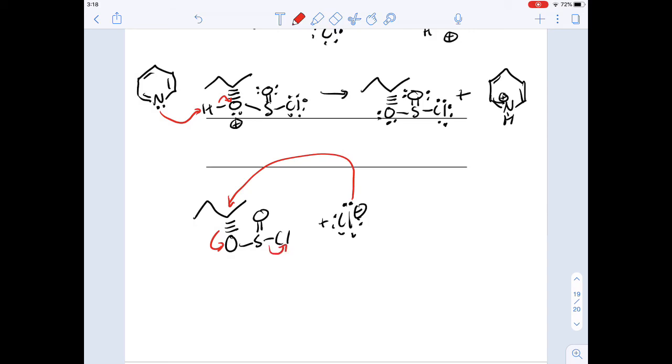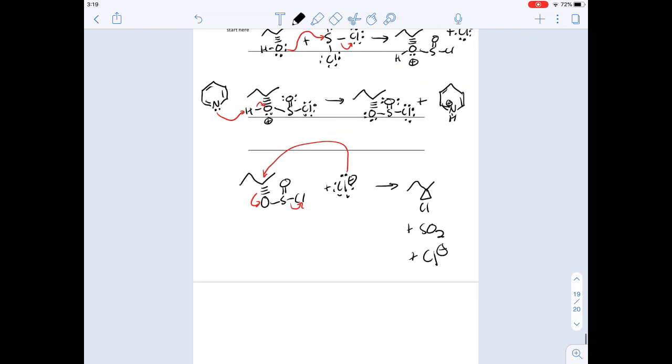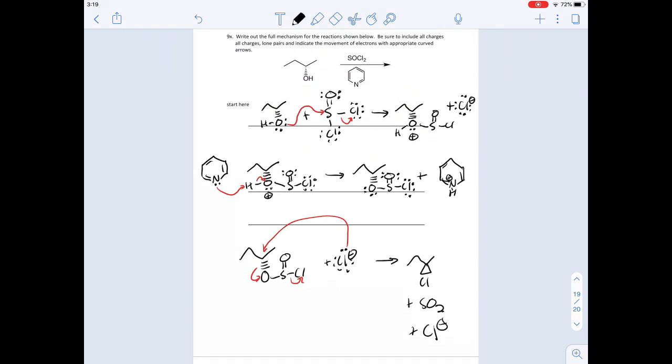Okay, so that's going to come and attack it. And that is going to give you your product, Cl on a wedge because it attacked from the top, SO2, and Cl anion. And that is the answer to the mech.